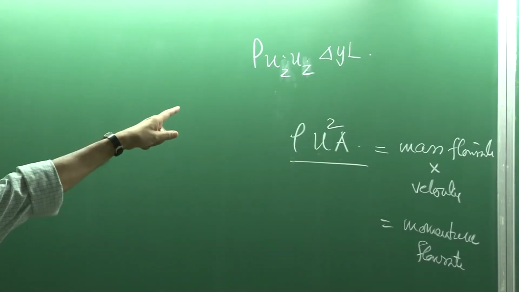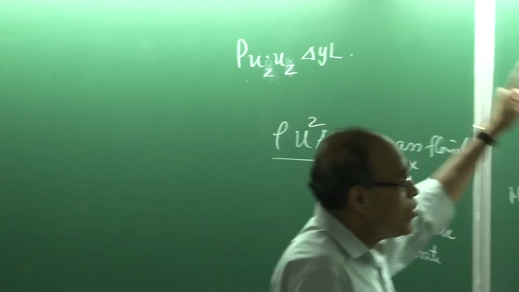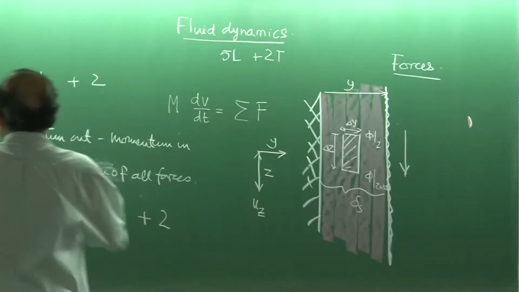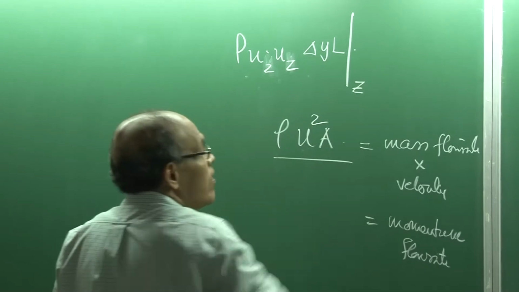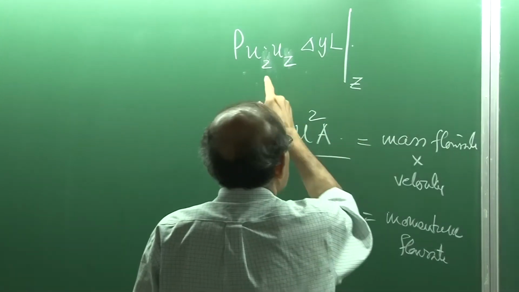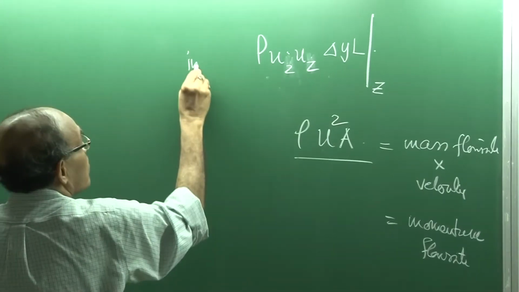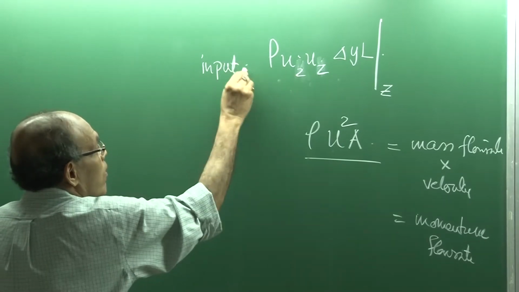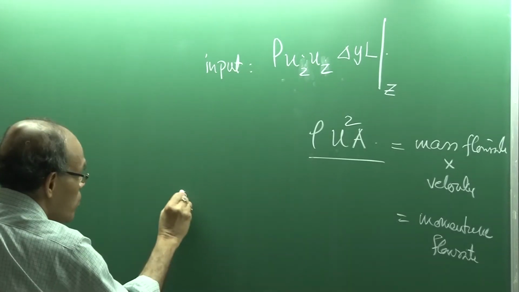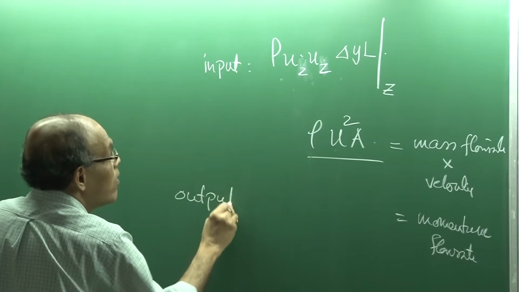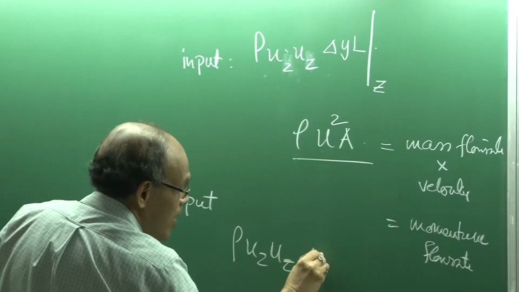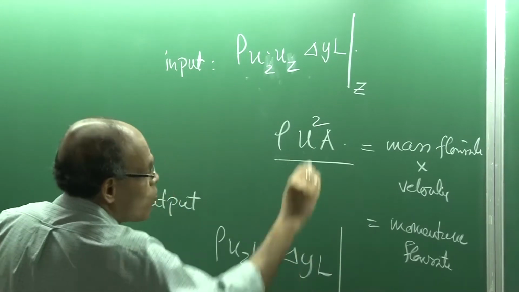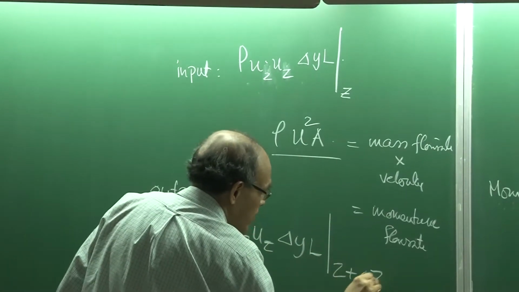This is the value of momentum evaluated at this particular location, so this value at z is equal to rho u_z delta y L at z. This is input. And then we can say the output is going to be equal to rho u_z, the same area is there, and this is going to be at z plus delta z.